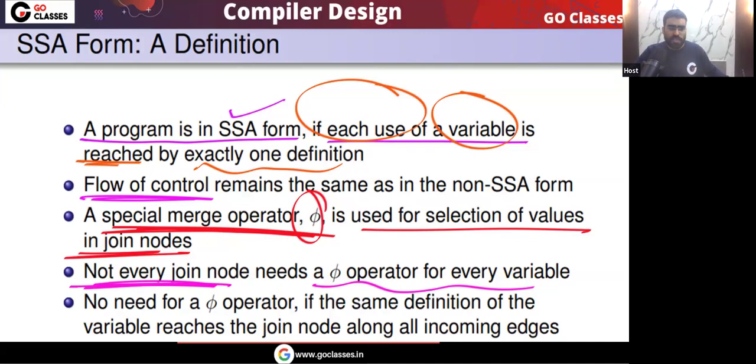For these we create the phi node. If the same definition is reaching from all paths, then there is no need to create a phi operator.